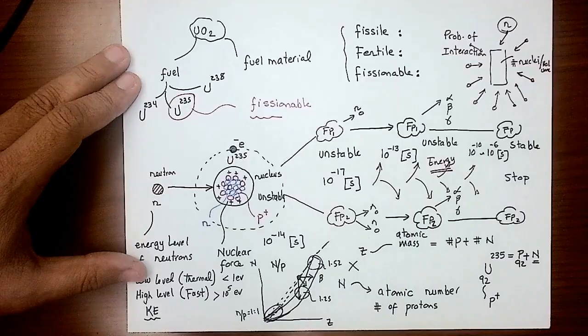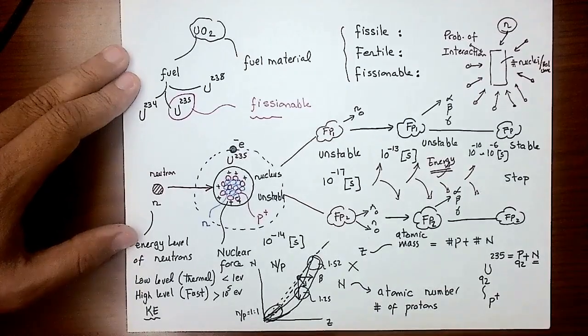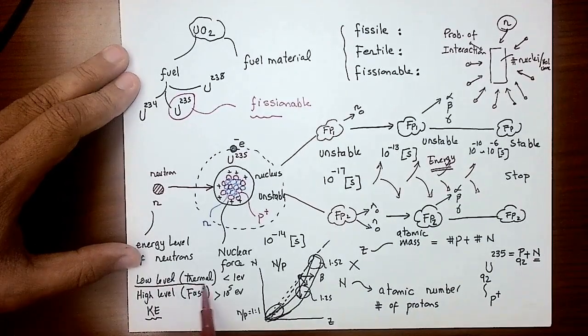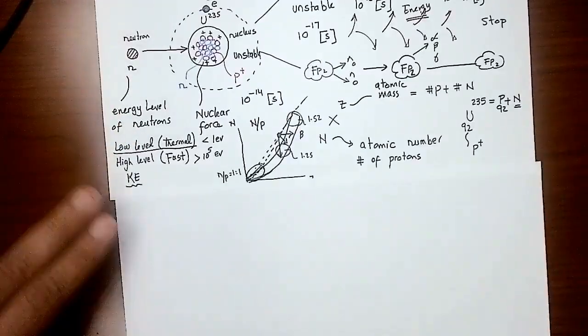So what's fissile? Fissile is a nucleus that can go into fission when it absorbs low-level neutrons. So let me write that definition here. We are talking about the fissile nucleus.